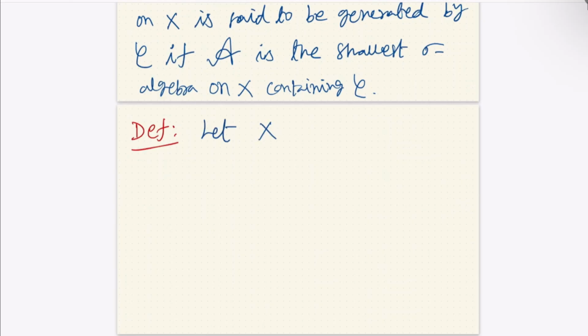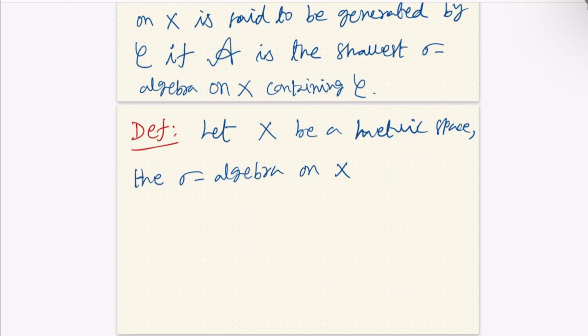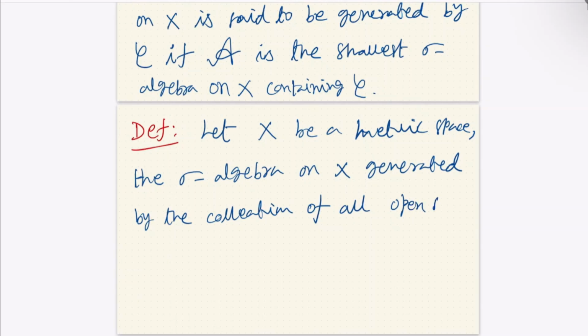Let X be a metric space. The sigma algebra on this metric space X generated by the collection of all open subsets of X is called.